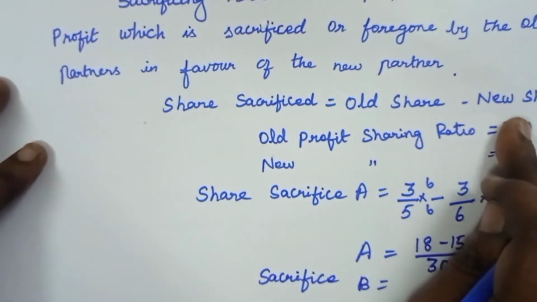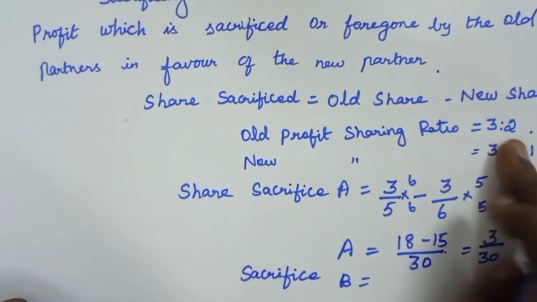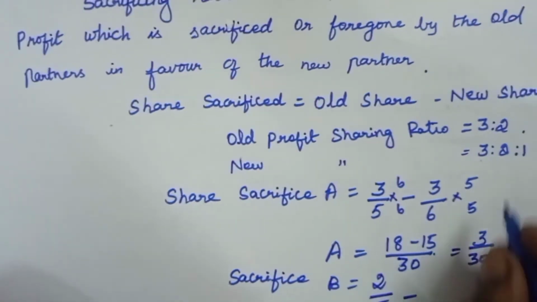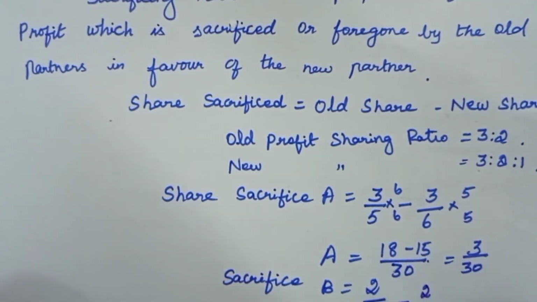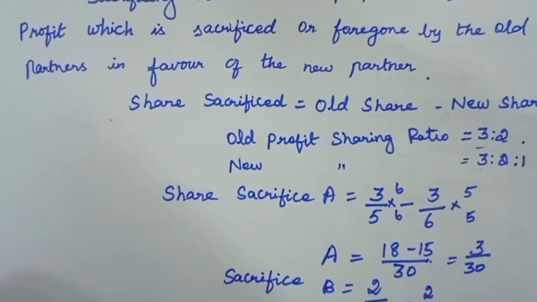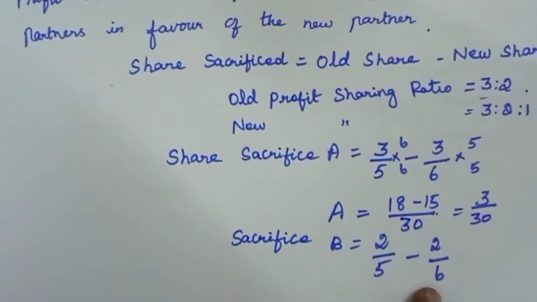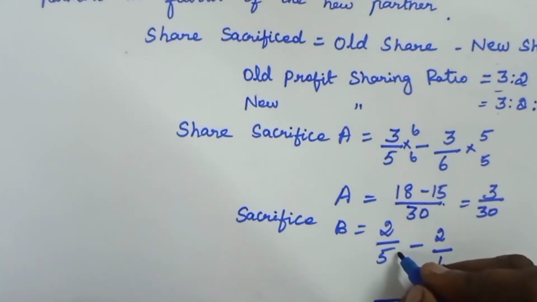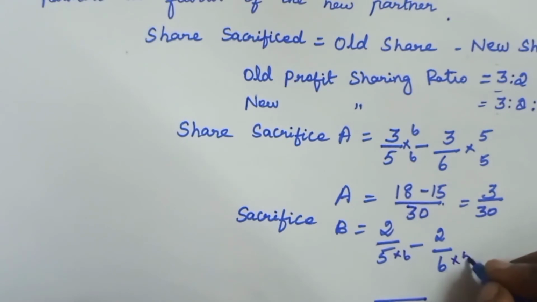Old share minus new share. Old share of partner B is 2, total share 5, minus new share of partner B 2, the total share is 6. Here also the denominator is different. Find out the LCM. LCM is 30. So to get 30, we have to multiply by 6. Here we need to multiply by 5.